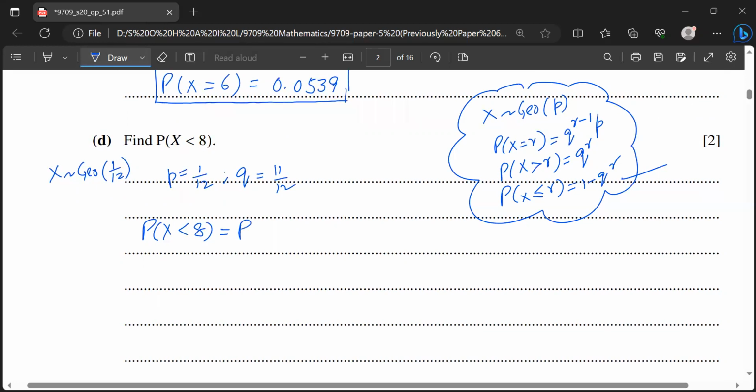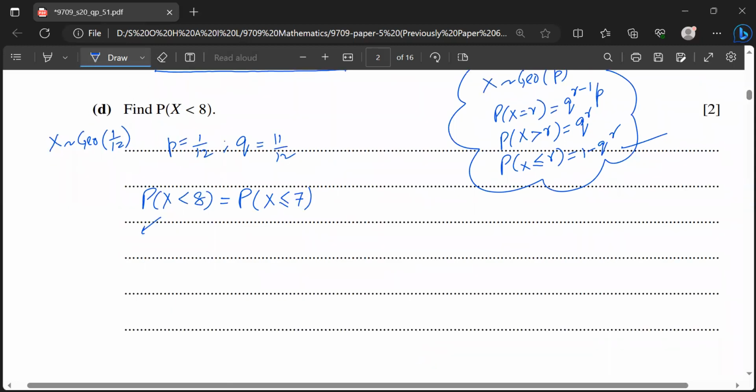So what you can do is write X less than 8 as X less than or equal to 7, because less than 8 means the largest number is 7, that is 1, 2, 3, 4, 5, 6, 7. In this way, the last formula is applicable: 1 minus Q raised to the power R, where R is clearly 7.